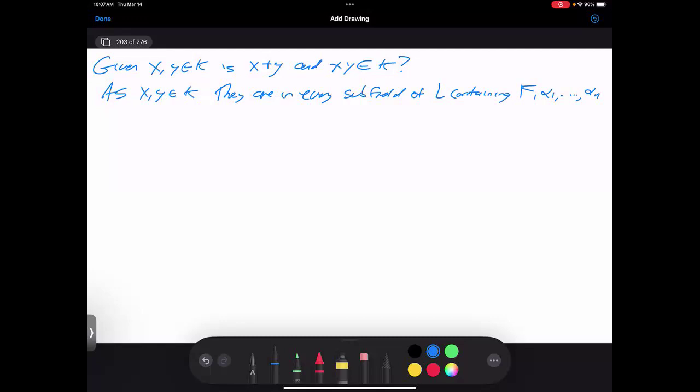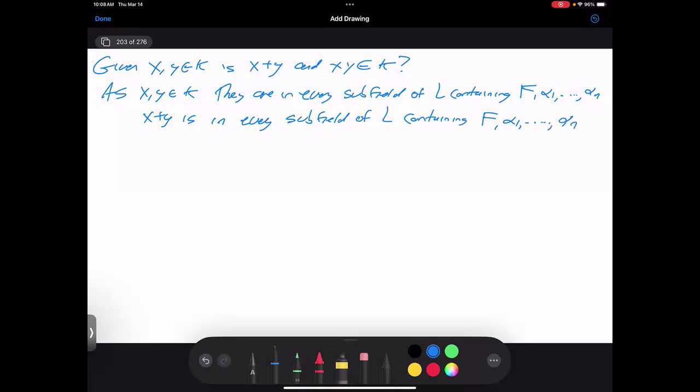So if x and y are in K, then they must be in everything. Well, if they are in a subfield, then x plus y is in every subfield of L containing F, alpha 1, ..., alpha n.